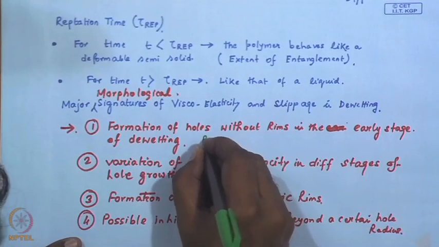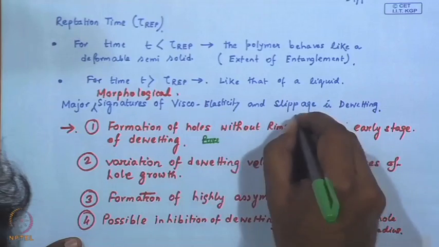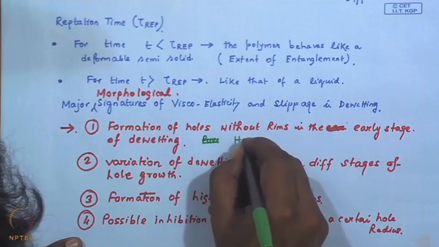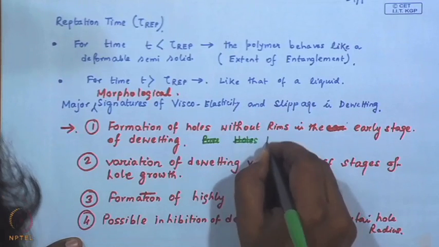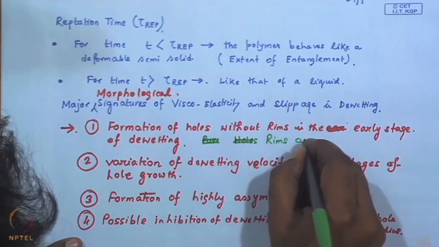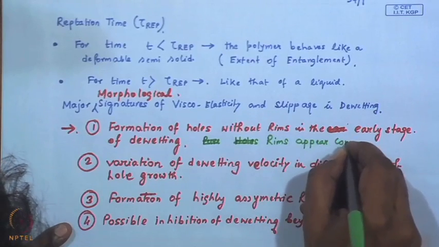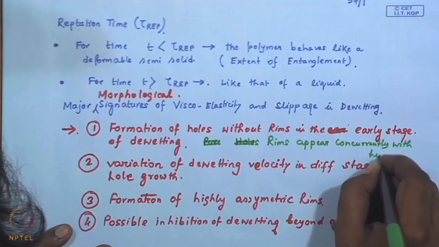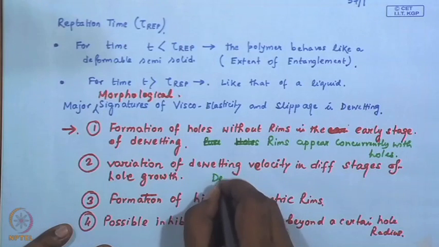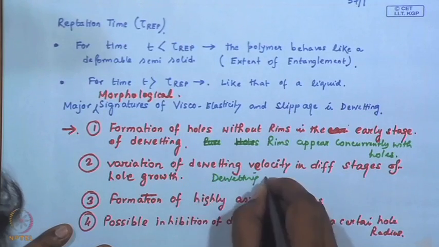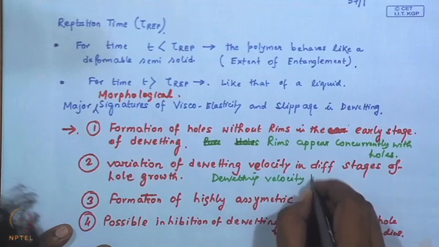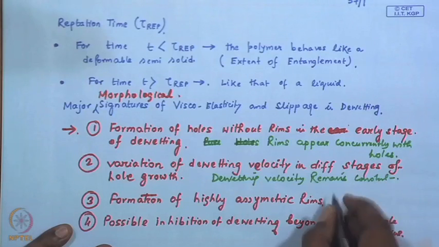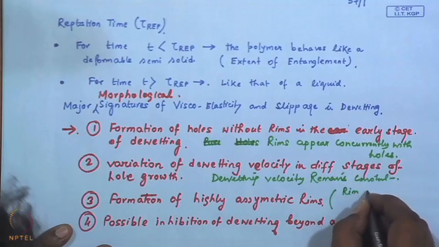In a purely viscous film, so we will write the purely viscous case with green. In a purely viscous film, what happens is holes and rims appear concurrently. Dewetting velocity remains constant. Rim's shape is symmetric.